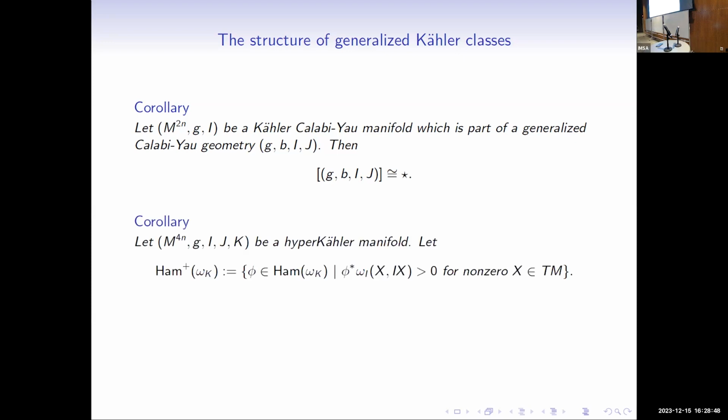And then to make it even more concrete, there's an interesting statement. Again, there are all manner of questions about the structure of Hamiltonian diffeomorphism groups that are really quite hard. And we get a statement of this kind out of this theorem, okay?